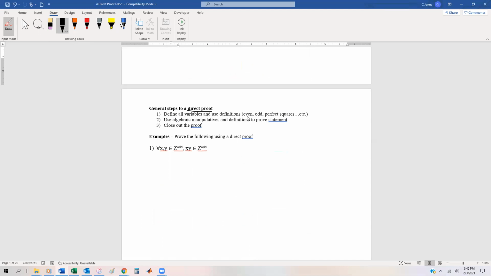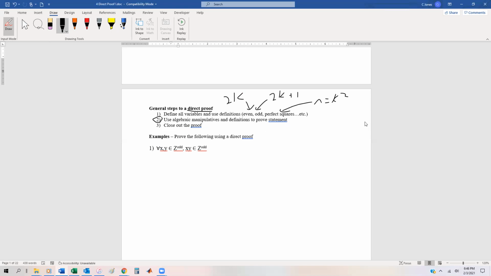Remember, we have the definition of even, which is 2k, the definition of odd, which is 2k plus 1, and perfect square, where n is equal to k squared, those sorts of things. Later on, we're going to get more definitions. Second, probably the most difficult part, is using algebraic manipulation, and we have to justify each step. And then the last thing we're going to do is close out the proof by basically encompassing what we've done.